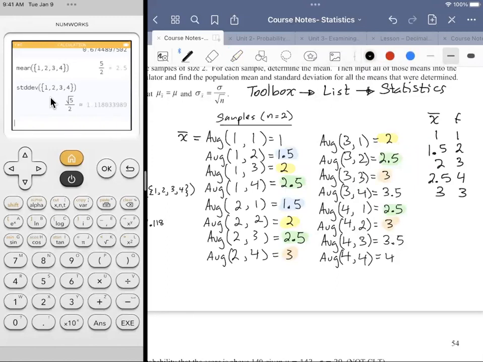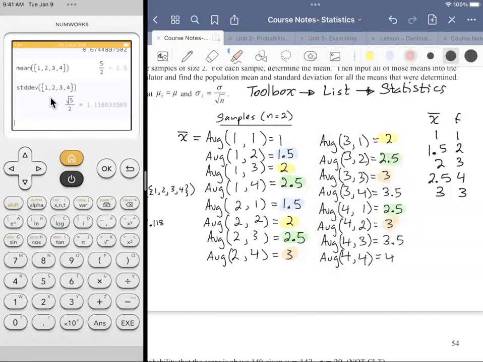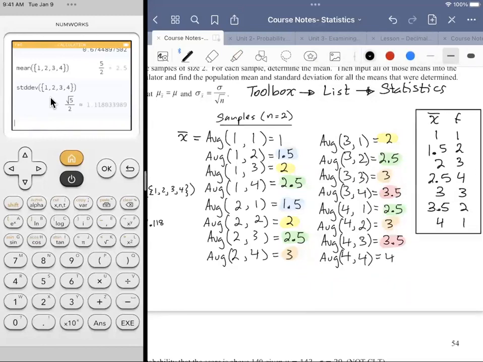It looks like we're developing a little bit of symmetry here, because the 3.5 occurs twice. And then the 4 only occurs once. All right, so this would be what we call a sampling distribution.